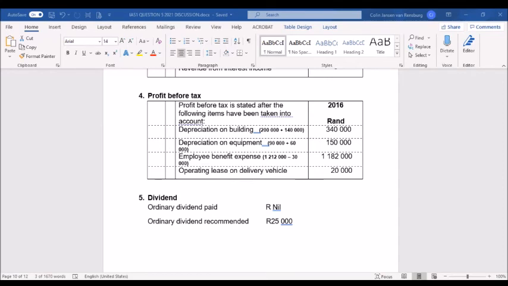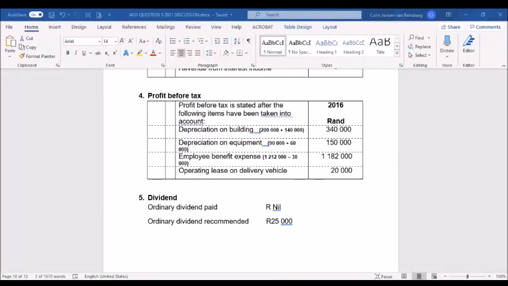So it does not only include salaries and wages. We had salaries and wages in the trial balance, but sometimes the company also pays a portion of your medical aid contribution, which means it is a fringe benefit to you. Or the company may pay a large portion of your contribution to your pension fund or provident fund. Then again, it is not a salary that you get out, but it is a fringe benefit that is part of the cost to the company of your employees, right?